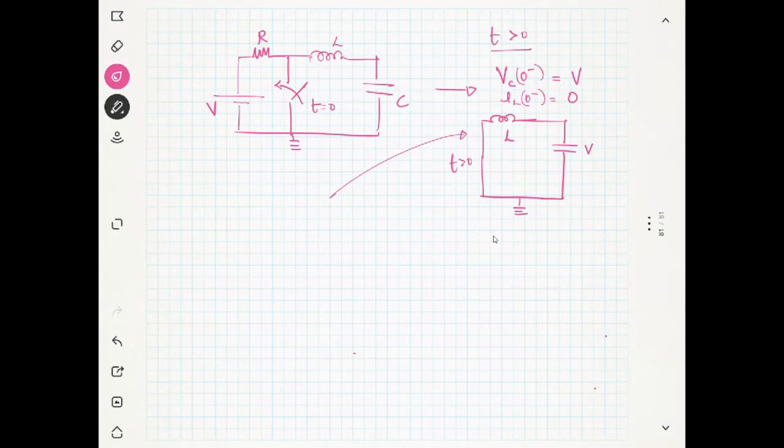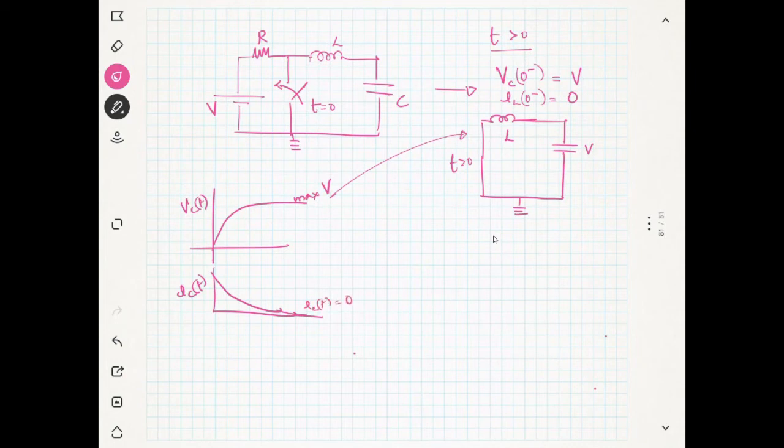Because at t equal to 0 minus, the capacitor is already charged completely. At 0 minus, the capacitor was charged to V volt. When the capacitor is charged to V volt, full voltage, then the current becomes 0. I told you, capacitor charging is like this. Then the current through the capacitor is like this. This is IC of t and this is VC of t. You remember? So when the capacitor is charged to the maximum of V, the current IC of t becomes 0.